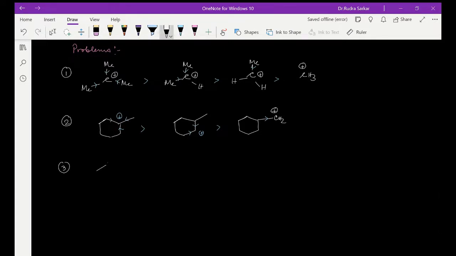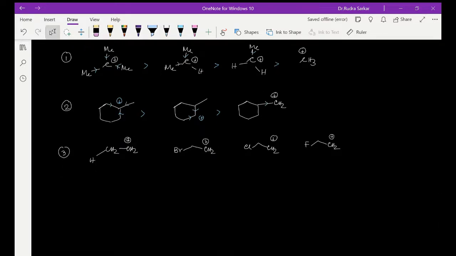Okay, in this case we have a CH2, then we have a Br, we have a F. So out here, higher the electronegativity of the group attached to the carbocation, less will be its stability.